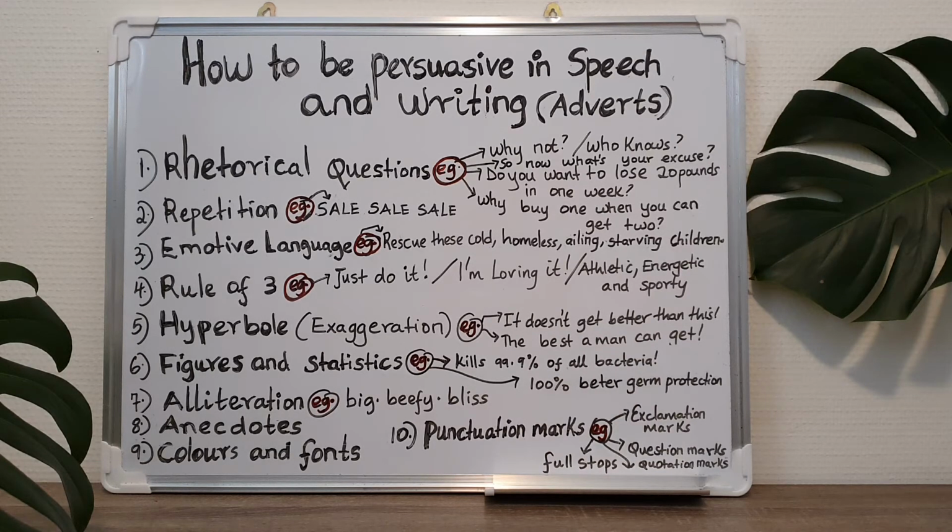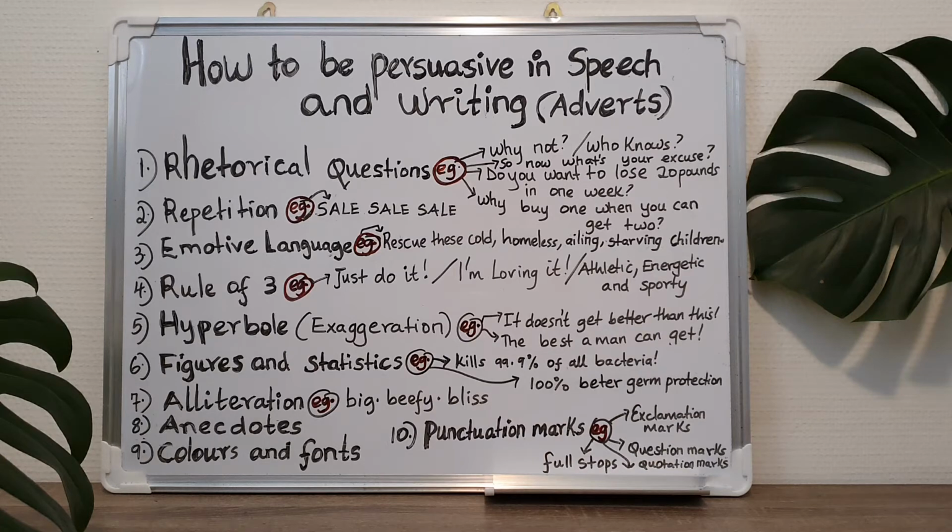Look at the examples. Just do it. I'm loving it. Athletic, energetic, and sporty. So what rule of three actually means is that you use 3 words as your catchphrase. You describe something using 3 words.